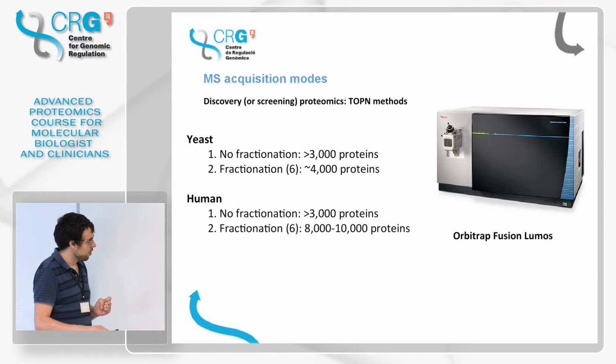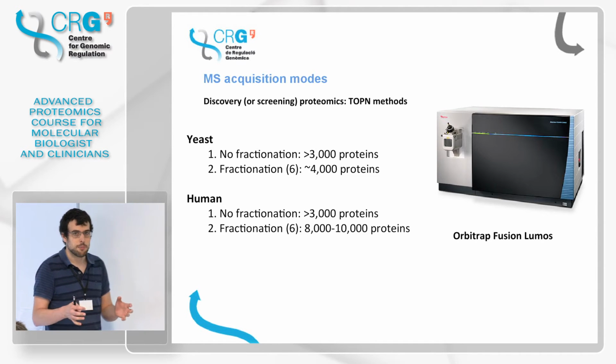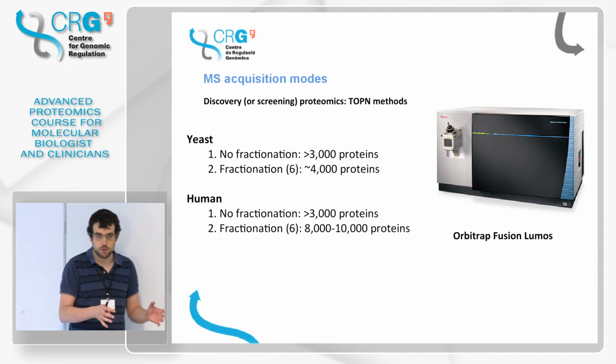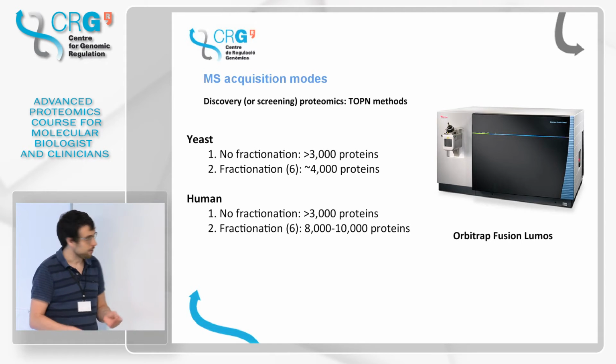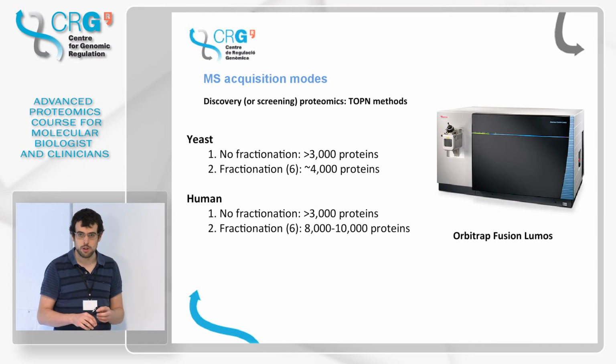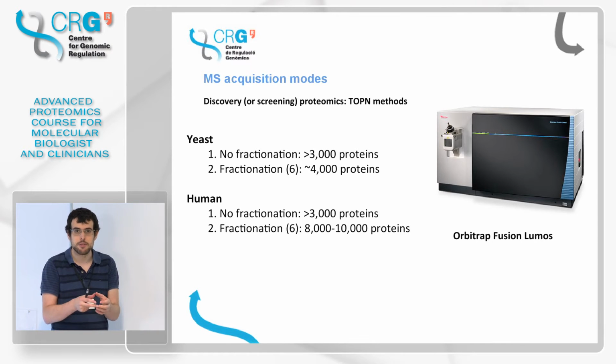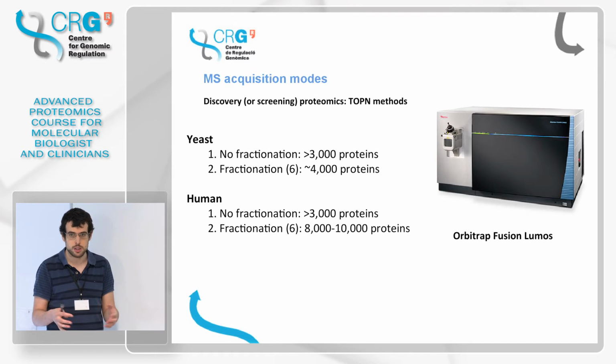And with fractionation, we can reach around 4,000 proteins, which is the amount of proteins from the 6,000 open reading frames that yeast has. So it's the amount of proteins that are thought to be expressed in a given moment, right? Similarly to humans, right? Human has around 20,000 open reading frames, but in a given cell line, in a given moment, it's thought that no more than 10,000 proteins are expressed in the cell.